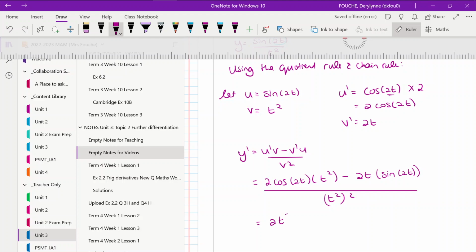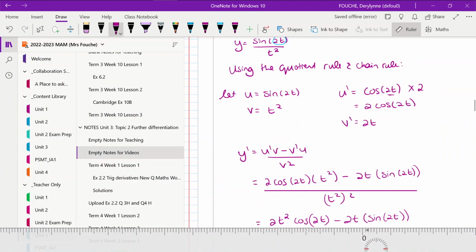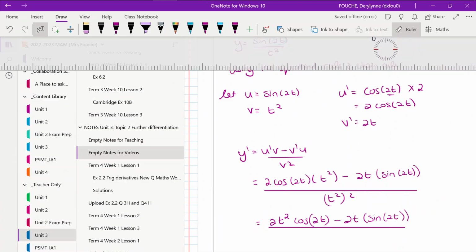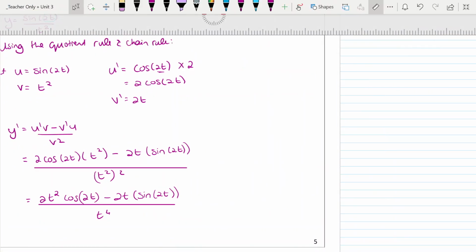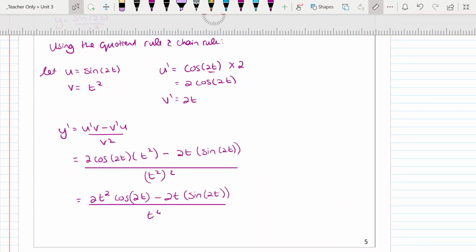I have 2t squared cos of 2t minus 2t sine of 2t over t to the 4, and I can tidy that up a little bit because I can take out a t and I can cancel that.